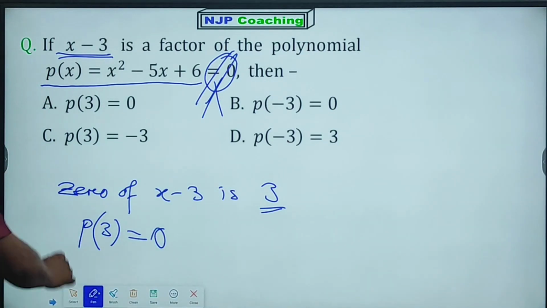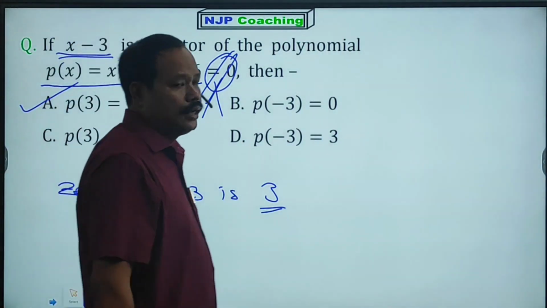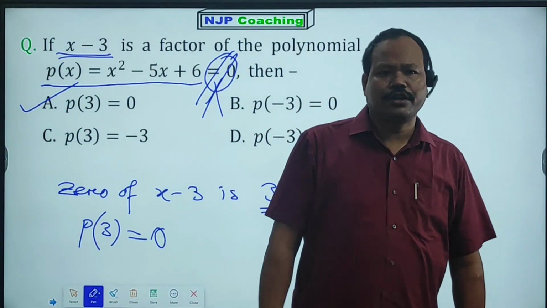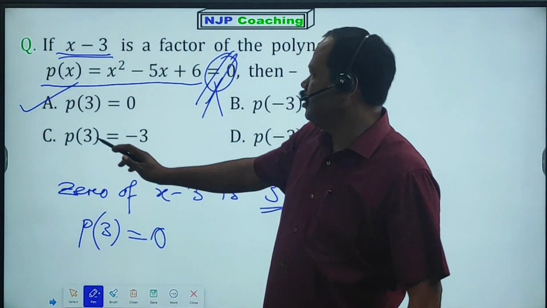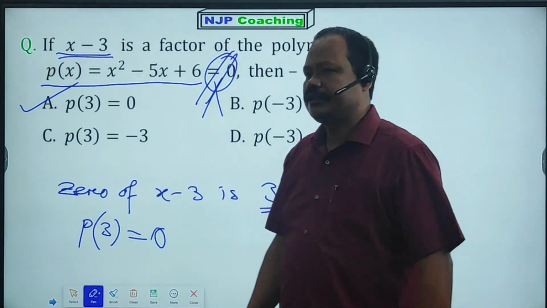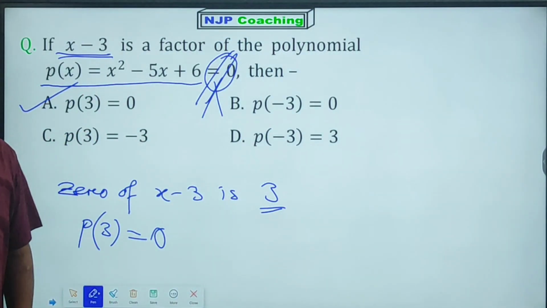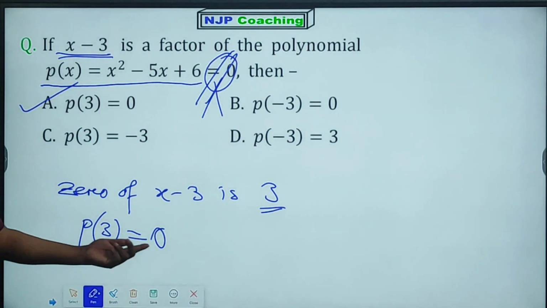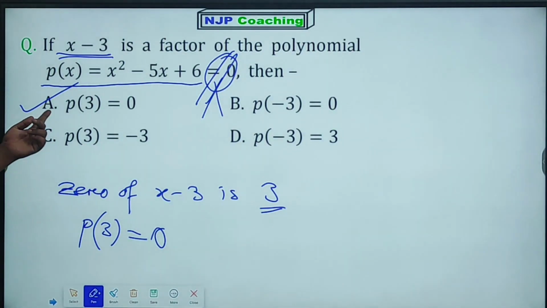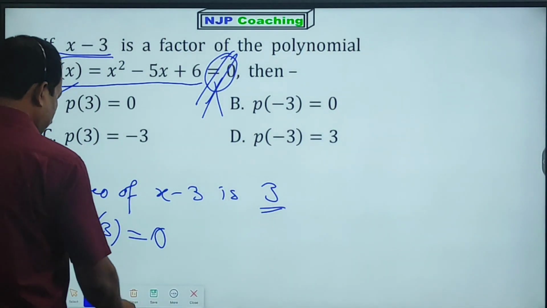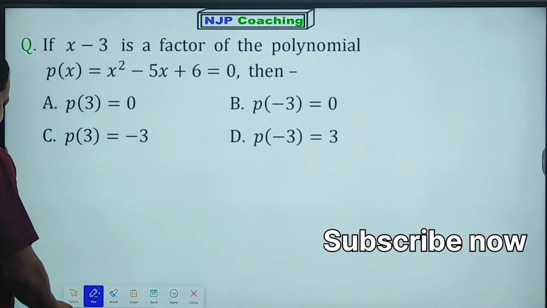So where is P(3)? Number A. Remember that if x plus 3 is a factor of a polynomial, then P(minus 3) equals 0. If x minus 3 is a factor of the polynomial, then P(3) equals 0. So option A is the right answer.